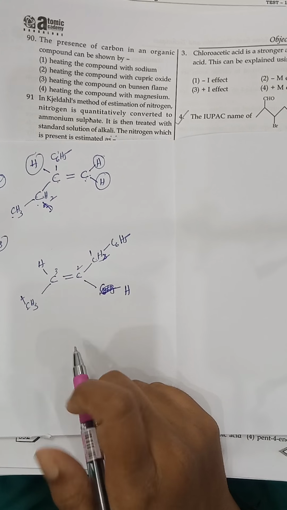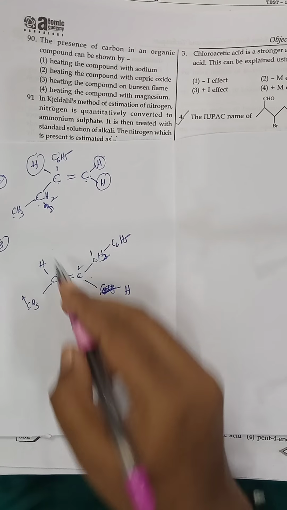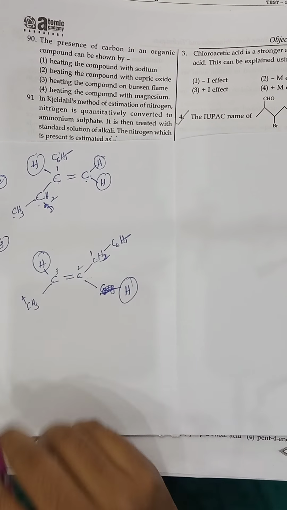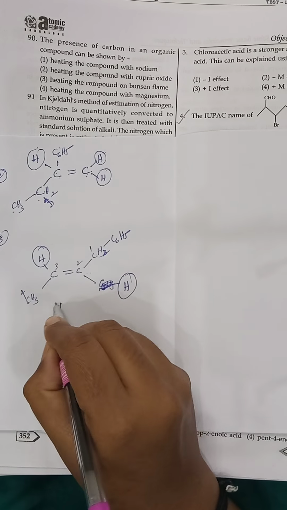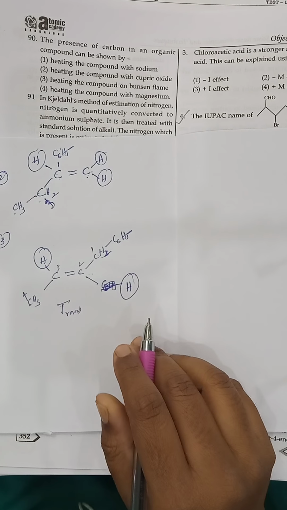Here two different groups are present on each of the two double bonded carbons. This is CH3 and this is hydrogen. On both carbons they are located. If the similar groups are present on opposite sides, that is said to be trans. Even we can write this the other way.